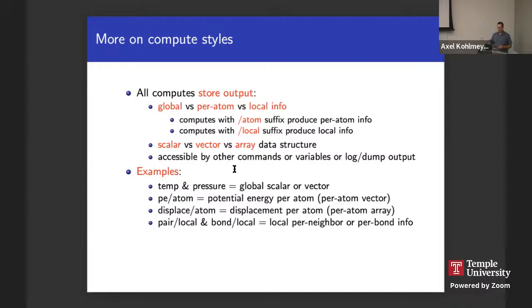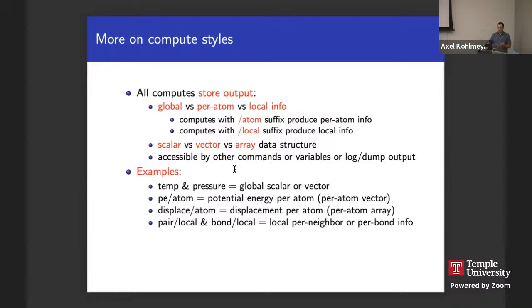So some computes may produce only one value as a scalar, others produce multiple or even an array of values. These are accessible by other commands or variables, or you can dump them to the log file or a dump file. So some examples are temperature and pressure. That's a global, like temperature is a global scalar, pressure is a vector.